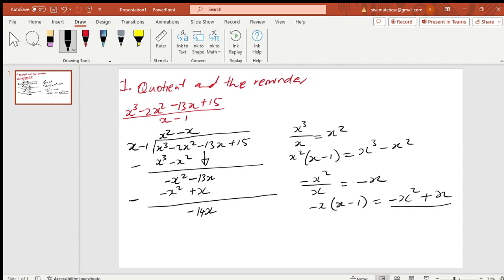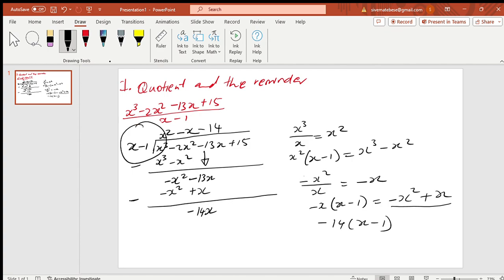From there, again, we take that negative 14x and divide by the same x of the divisor, which gives us negative 14. We put that negative 14 on top, and then let's first multiply that negative 14 with x minus 1.